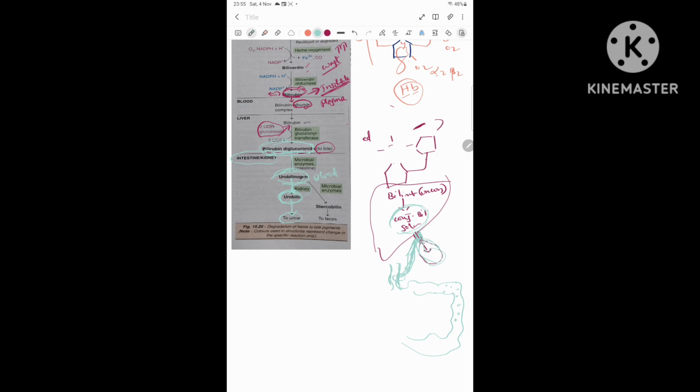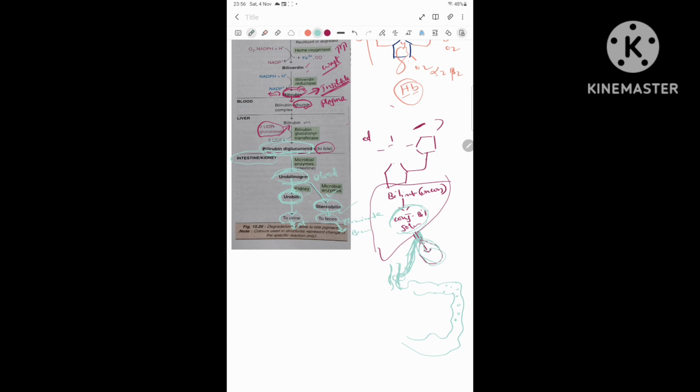In case of feces, what happens? Urobilinogen will be converted to stercobilin by the microbial enzymes. These microbial enzymes again convert urobilinogen to stercobilin. This stercobilin will enter into the feces and will be eliminated. Okay, so the characteristic brown color of the feces is due to stercobilin, and the deep amber or yellow color of urine is due to urobilin.